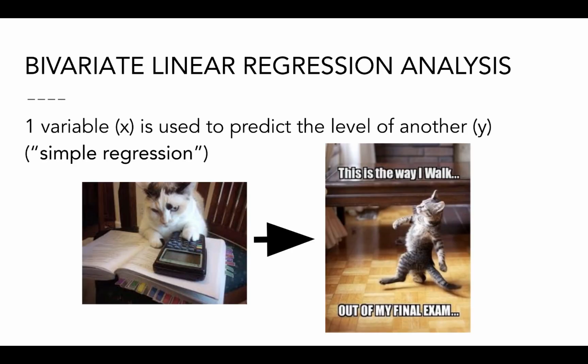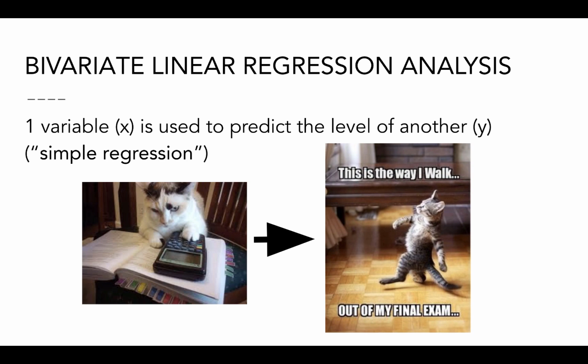So bivariate refers to the fact that you have two variables, one predictor and one outcome variable. We also call this the independent variable and the dependent variable. So you use one variable, x, which is that independent variable, the predictor, to predict the level or the outcome of another variable, which is the dependent variable.